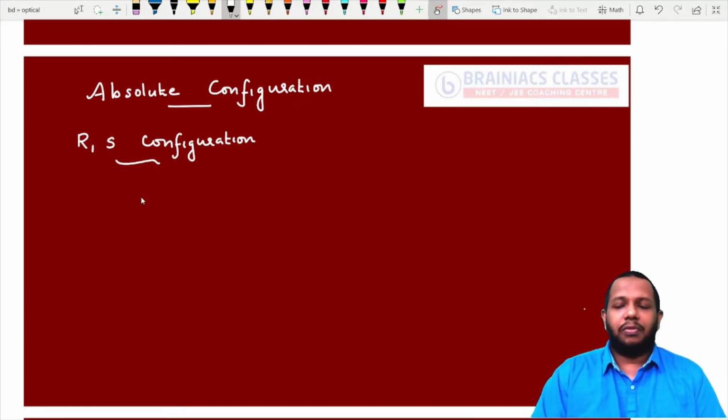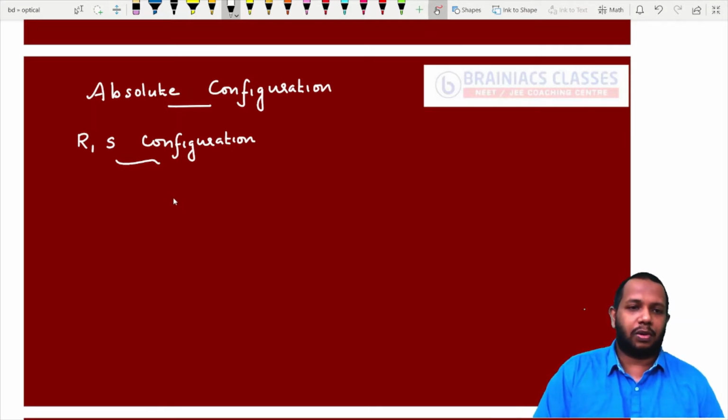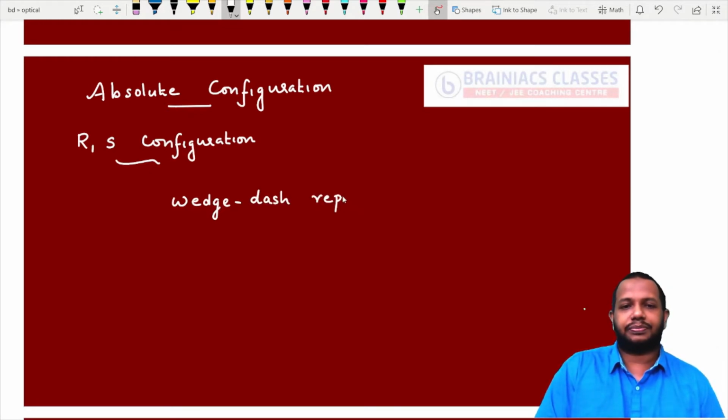Before I start teaching you that, we need to understand one more thing. Here we need to understand the wedge dash representation of an organic compound. So let's see that. What is wedge dash representation?